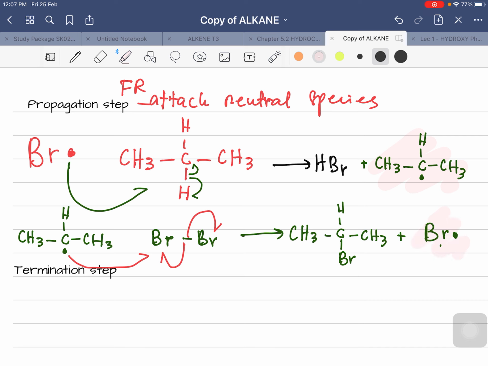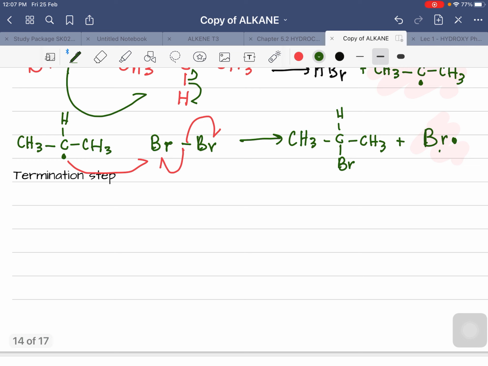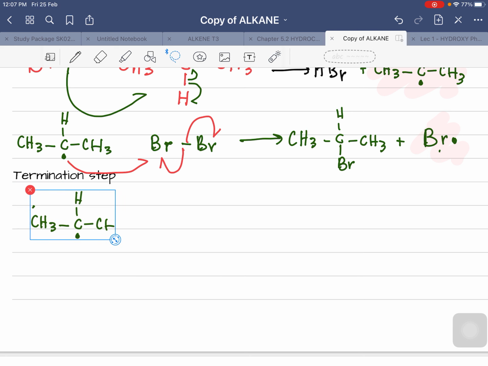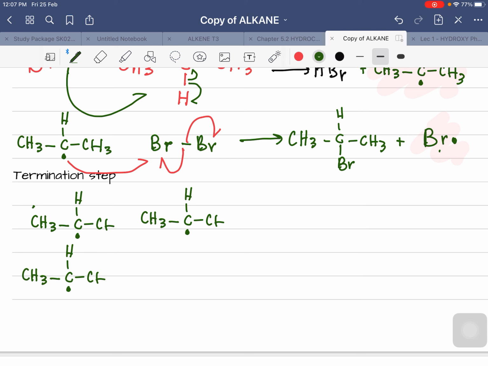The third combination is bromine radical and another bromine radical.